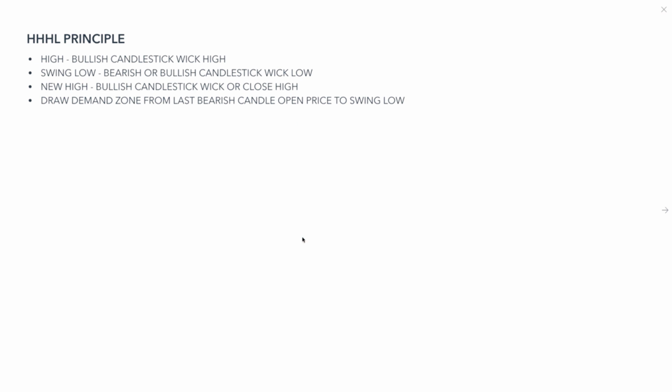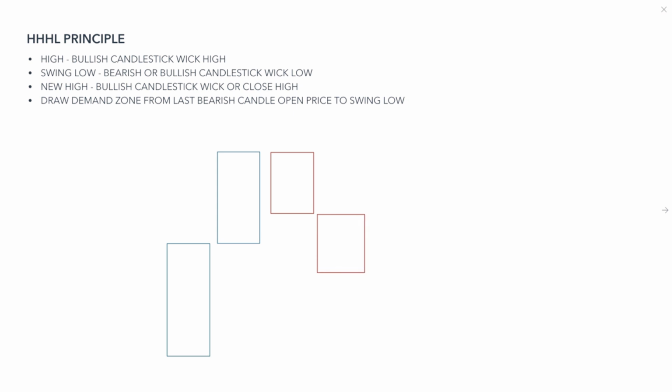So let's say, for example, we have something like this where you get a couple of candles, let's say 2 candles, one there and one there, and then you may get a bullish candle that does something like this, or you can get a couple of candles that do something like this.